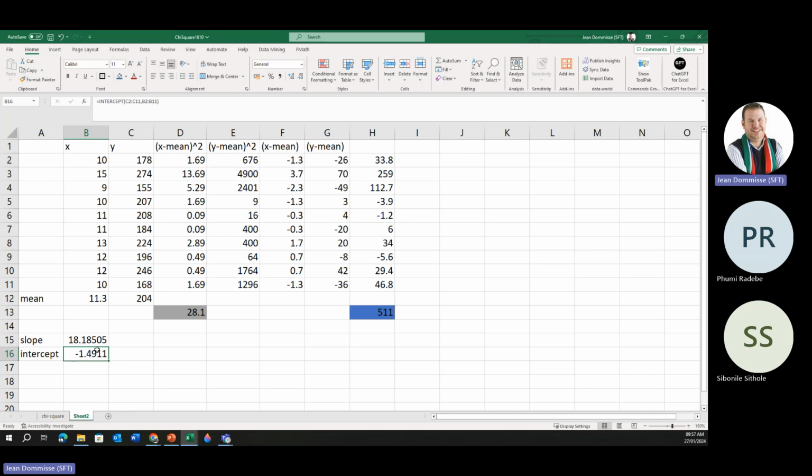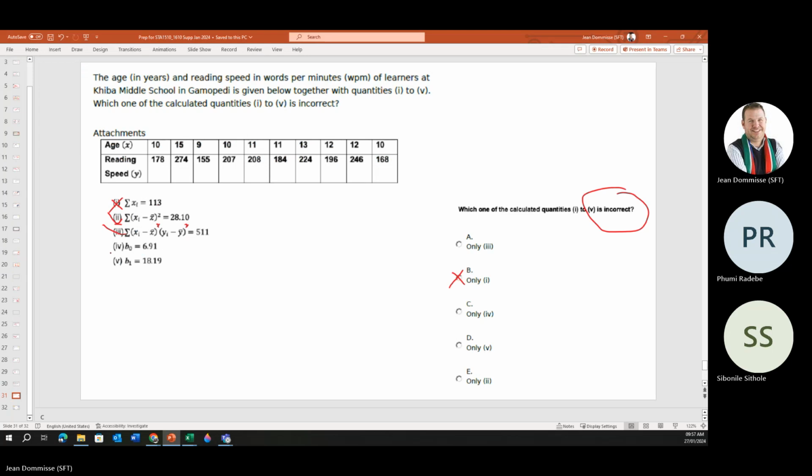So slope 18.18, intercept 1.49. 18.18 is correct. The intercept is the wrong one. Okay, so in this instance, actually 1 and 4 was wrong, but I again think that should have been 11.3 instead of 113.